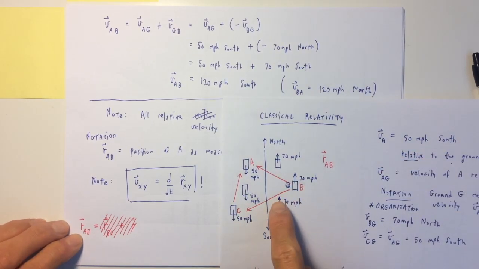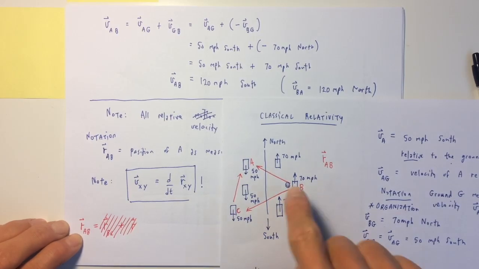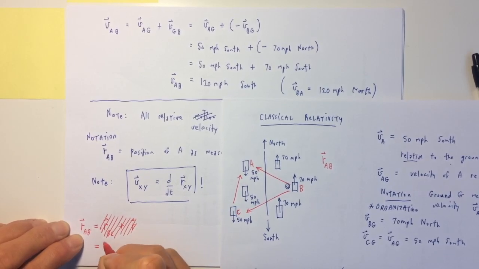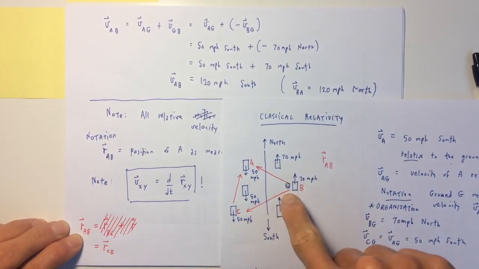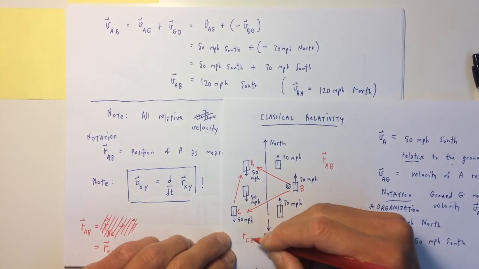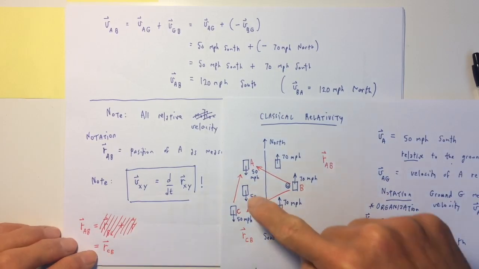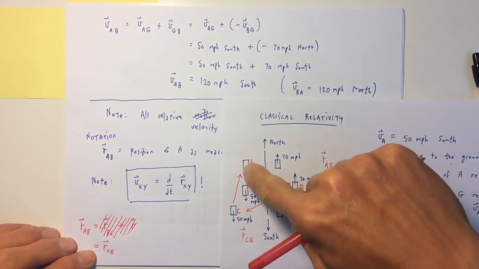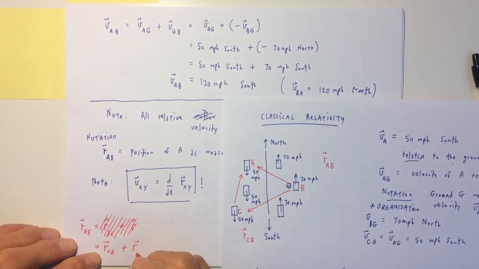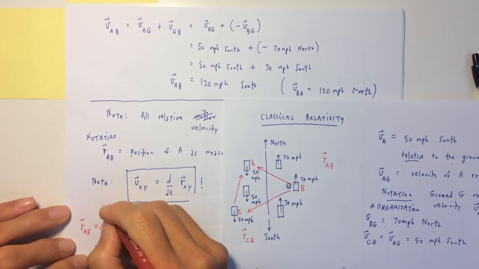This arrow here is the position of C relative to B. The order of the indices matters. And this is the position of A relative to C. So be very careful.